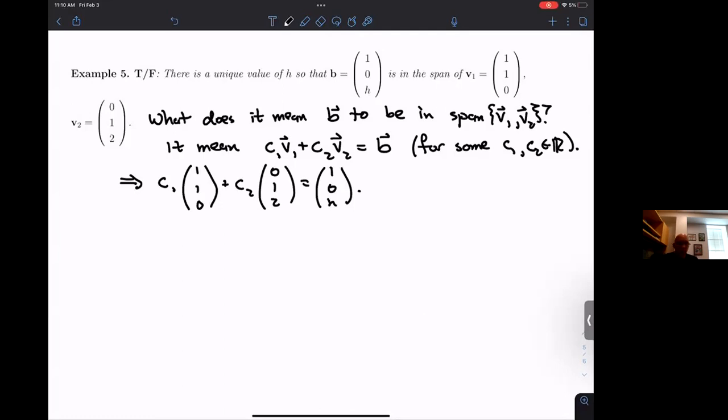And we saw in class that in order to solve a vector equation like this, to solve for those unknown weights, c1 and c2, it is equivalent to row reducing the associated augmented matrix. So this is equivalent to row reducing the augmented matrix with columns, which are exactly these three vectors.